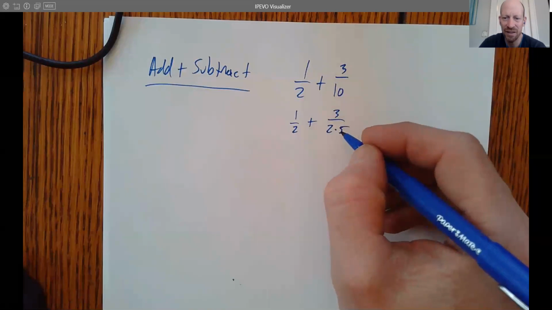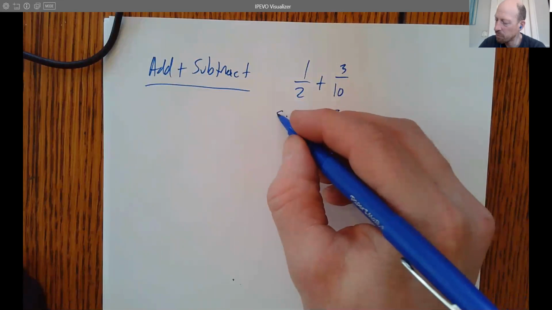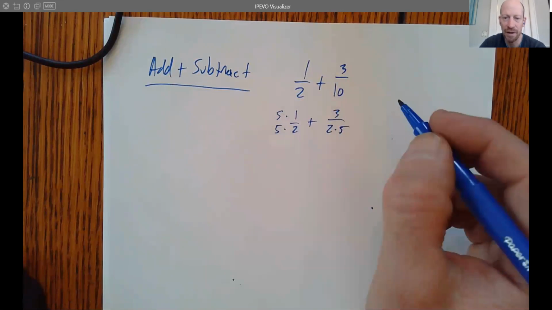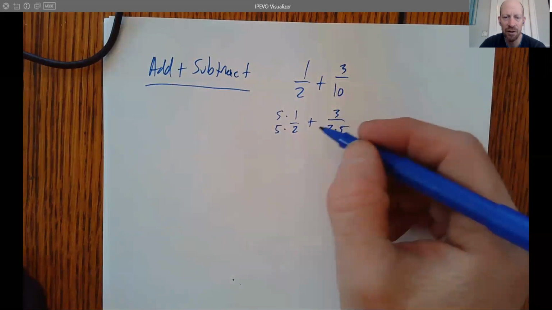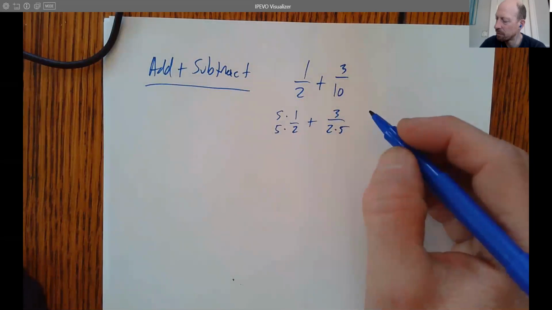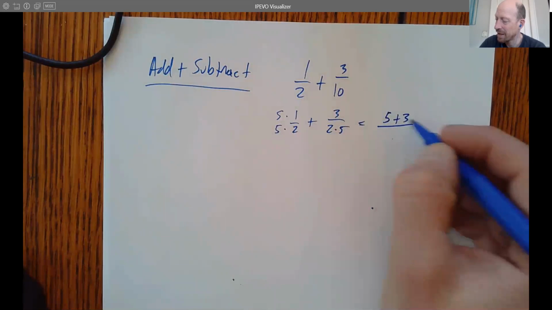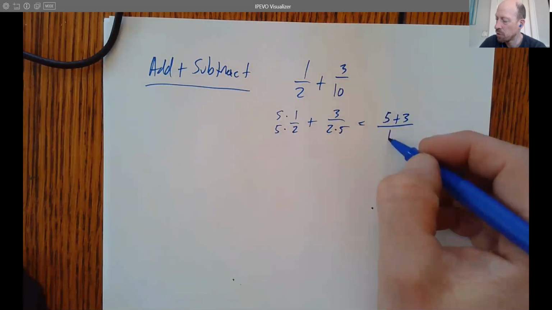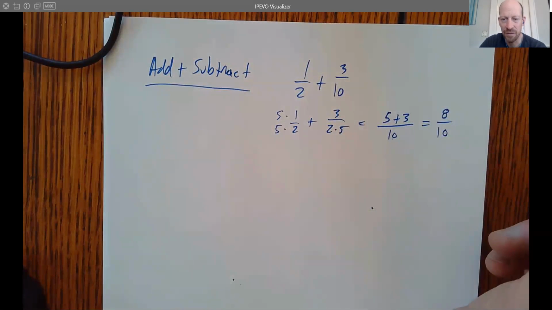But now I can see that this denominator has an extra factor of 5. So I'm going to multiply top and bottom here by 5. So I'm creating the common denominator. Then I have 5/10 plus 3/10. I get to add those together over that common denominator, which is 8/10.